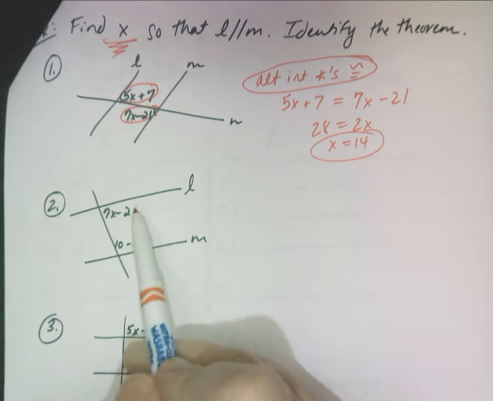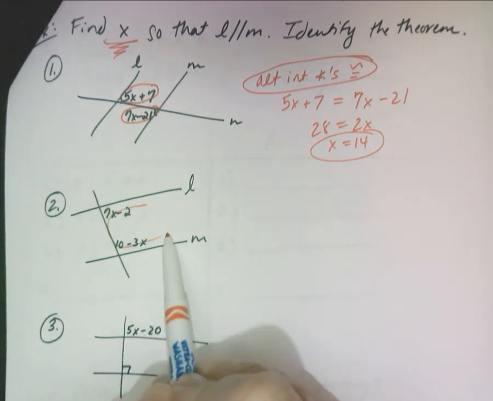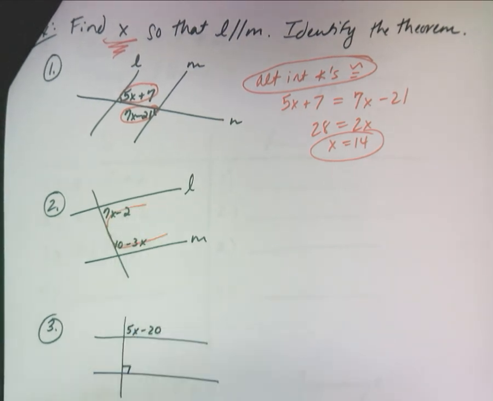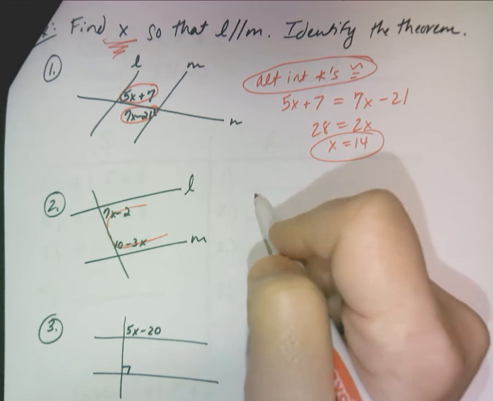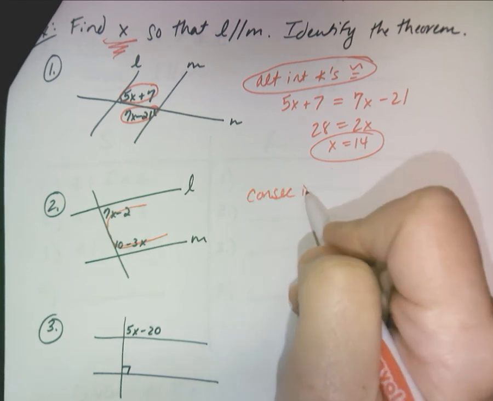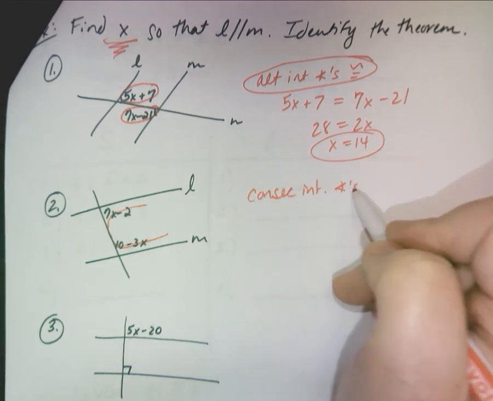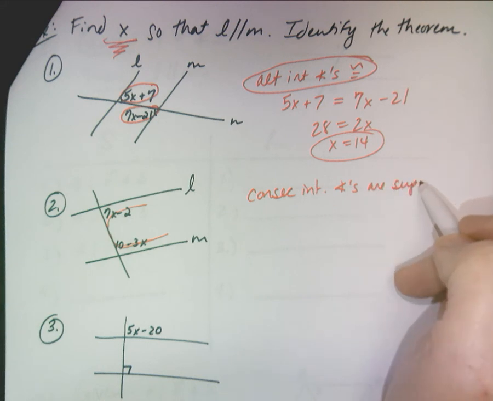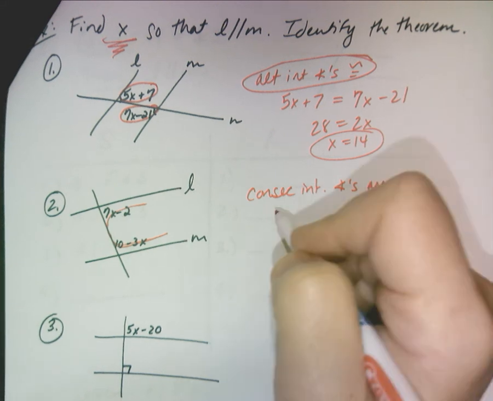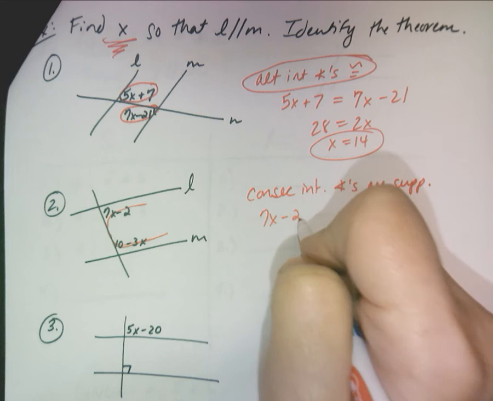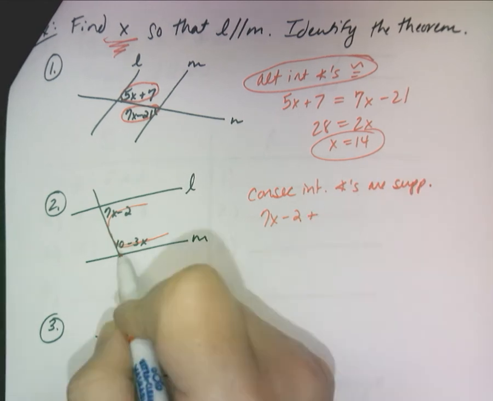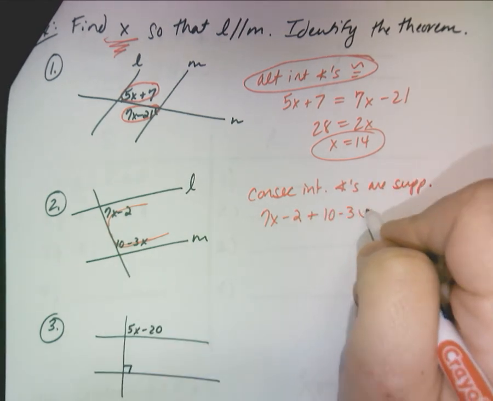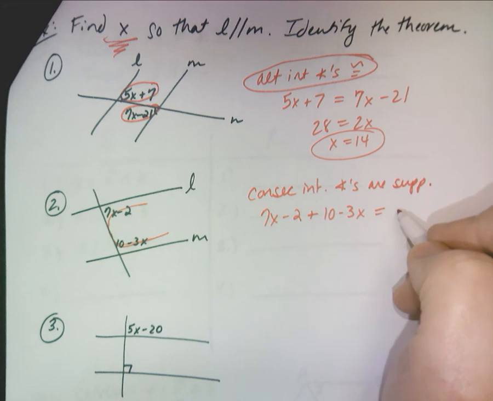All right, let's see about this one. This looks like this one. This is that C shape, consecutive interior. Consecutive interior angles are supplementary. So that means 7x minus 2, this angle, plus this angle must equal 180.